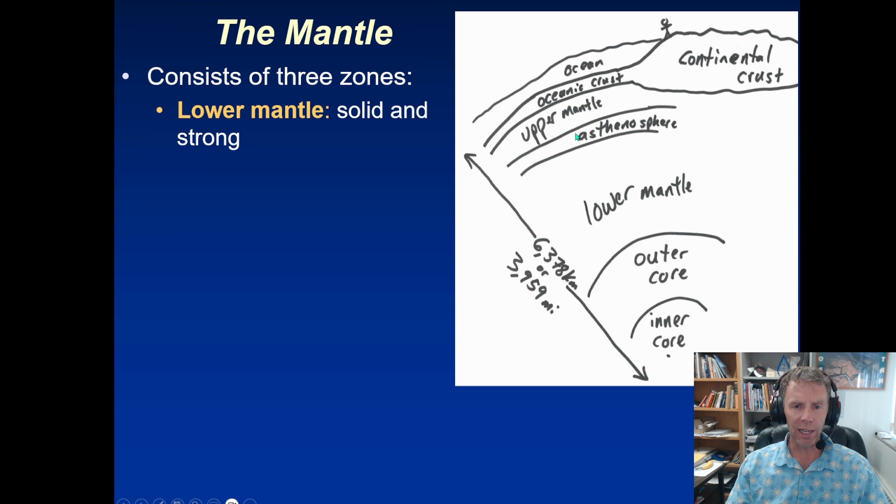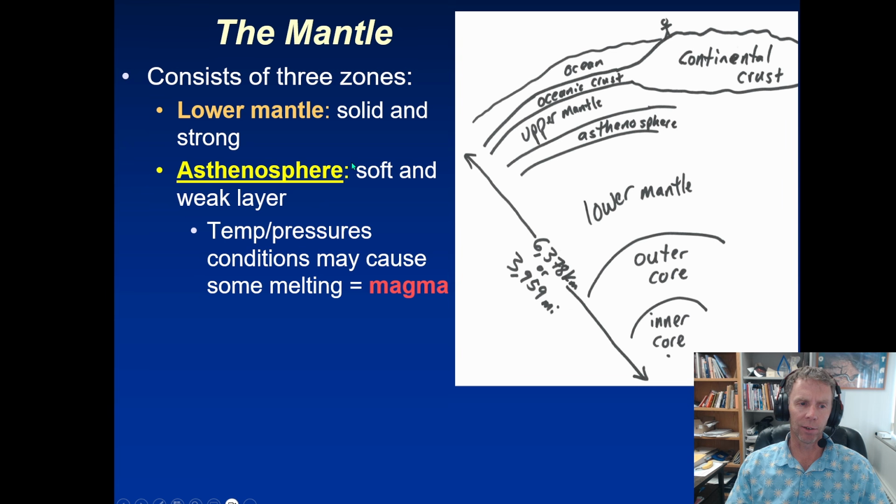Then we have this layer here that's going to turn out to be quite important as we get into plate tectonics in future lectures, called the asthenosphere. And the asthenosphere, I want you to think of it as still solid, but very weak and soft. It flows, it deforms a little bit, but it's not true liquid.